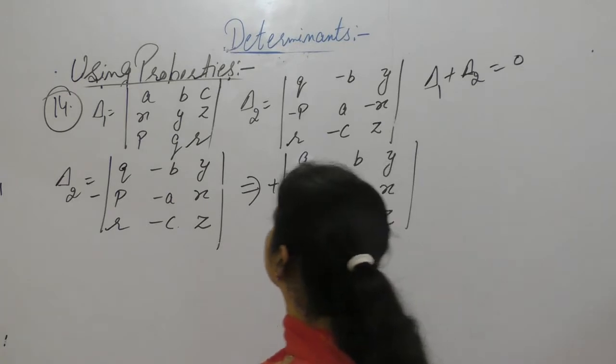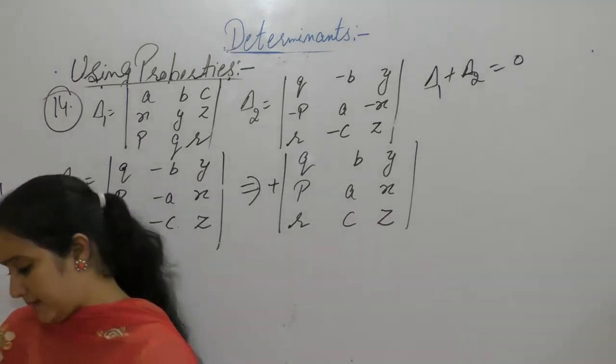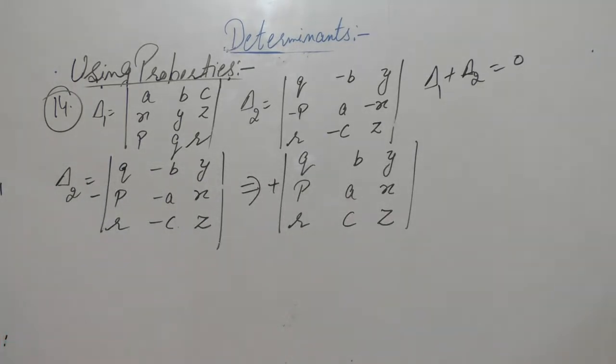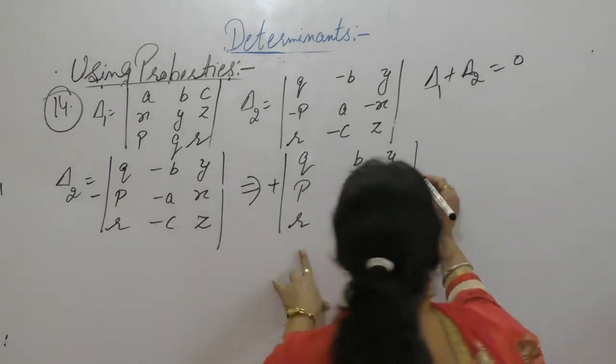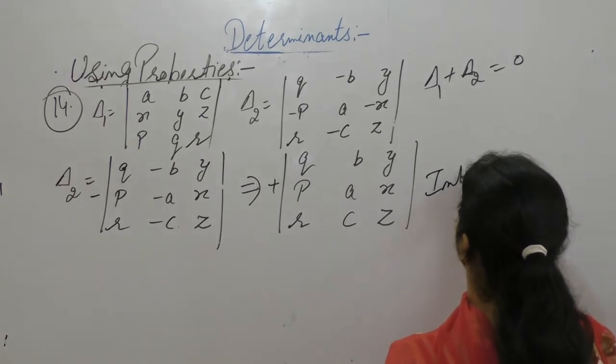Now, what to do in the next step? Interchange rows and columns. Now interchange row and column.